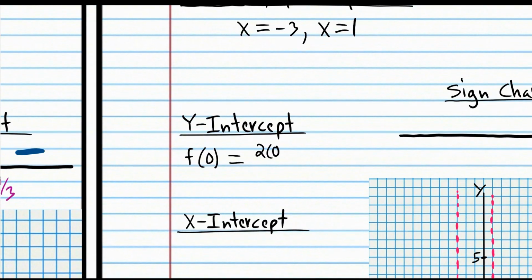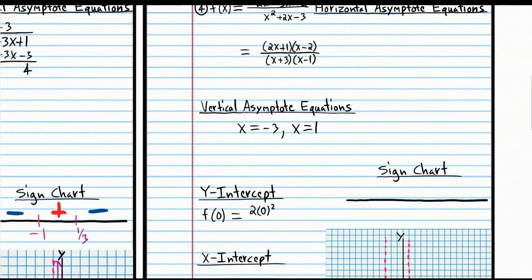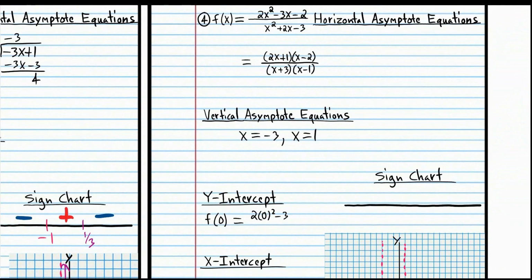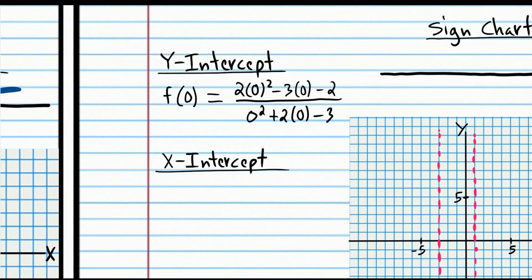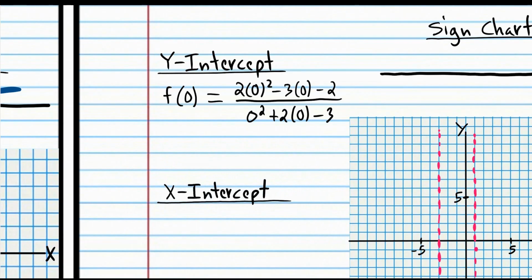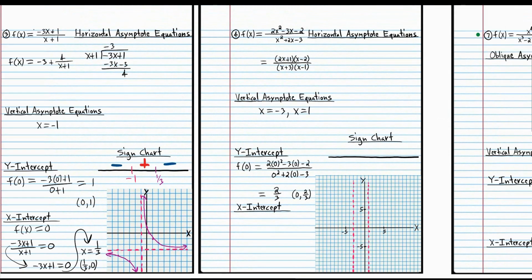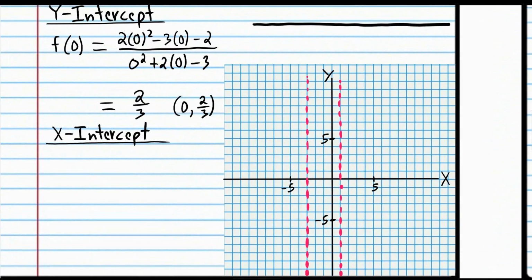So 2 times 0 squared minus 3 times 0 minus 2 over 0 squared plus 2 times 0 minus 3, and we get +2/3. So the y-intercept is (0, 2/3). So let's plot that point.